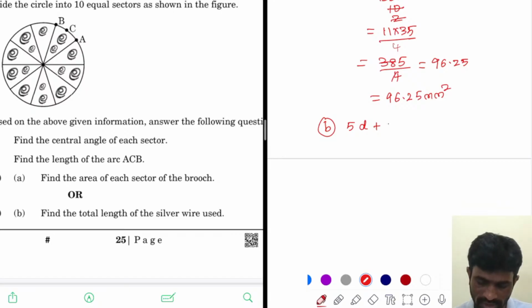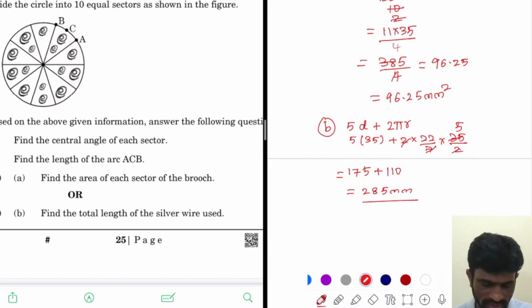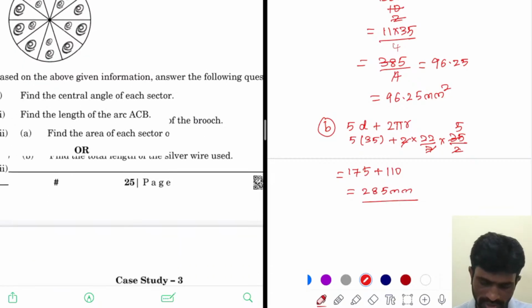Circumference of the circle is 2 pi r. So it is 5 into diameter, 35, plus 2 into 22 by 7 into 35 by 2. This is the circumference. 5 into 35 is 175. Here the 2 and 2 cancel. 7 ones are 7, 7 fives are 35, so it is 110. So overall it is going to be 285 millimeters. This is the length of the wire that we use there.